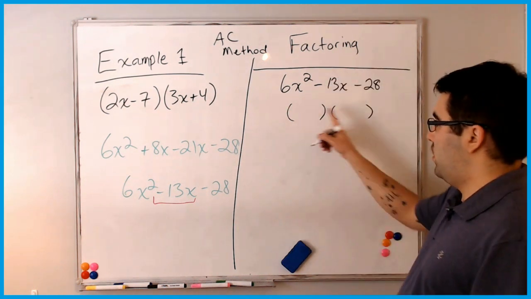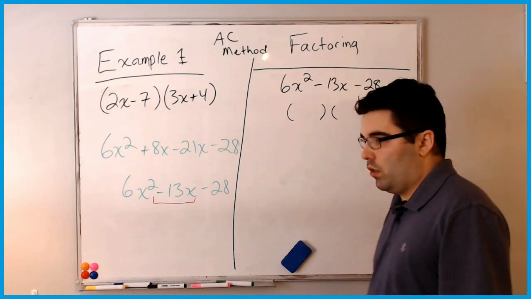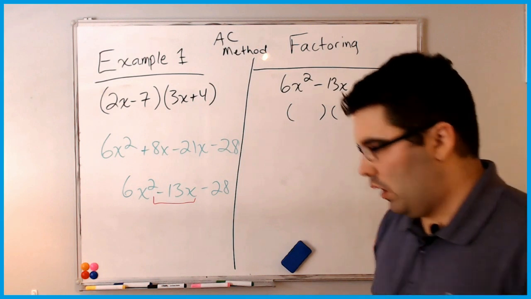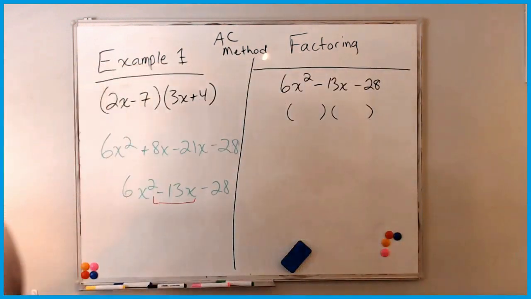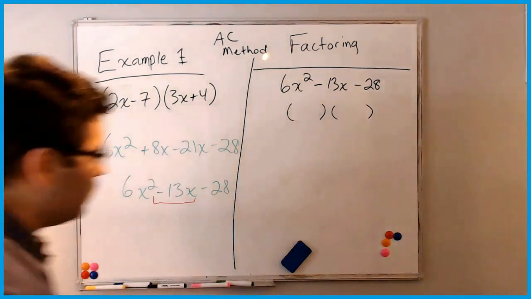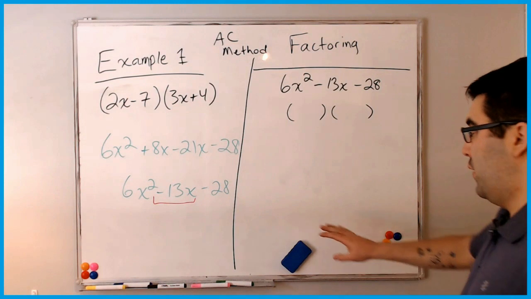You could say, well, this is 3 and 2 and 7 and 4 and eventually figure out what combination worked. But unless you happen to do it correctly on the first try, by the time you go through all the different combinations, you would have done a lot of work. So let's not do a lot of work and let's get straight to the answer.